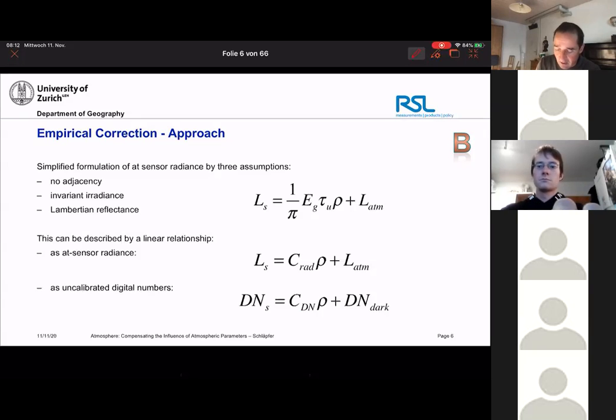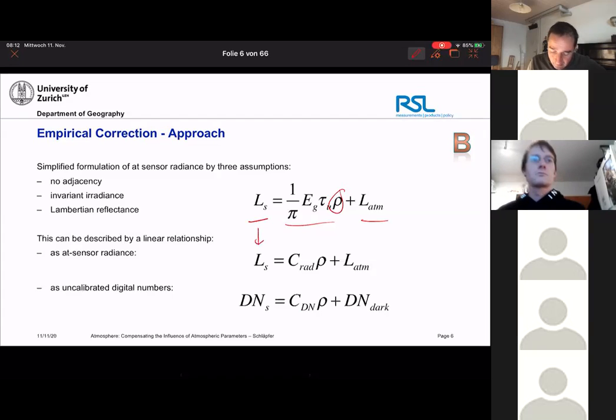The empirical line relies on a simple assumption that you got the sensor radiance, which is related to the reflectance times a constant plus L atm, the atmospheric path scattered radiance, single scattered radiance, so the portion of the radiance which never reached the ground. This model neglects the adjacency effects.